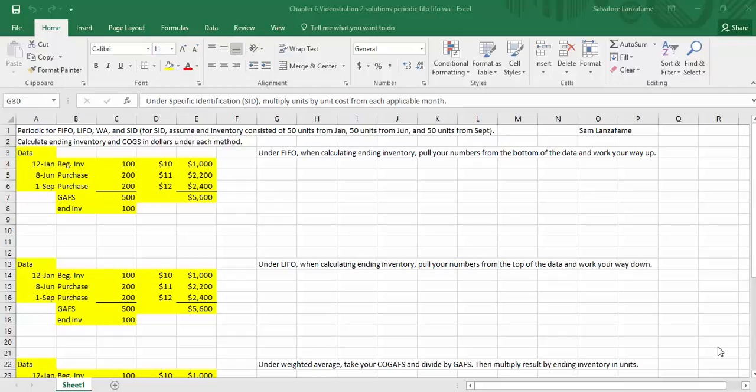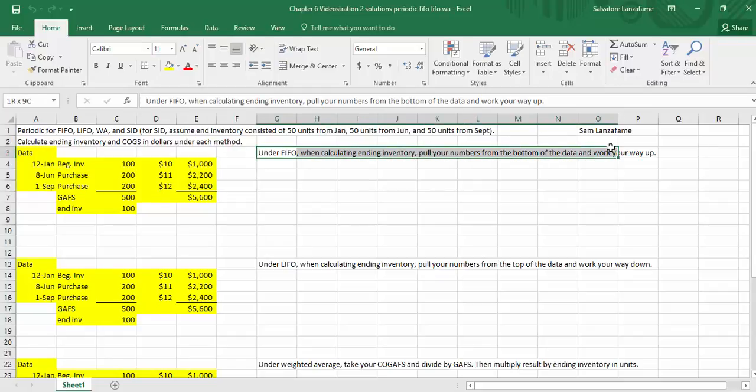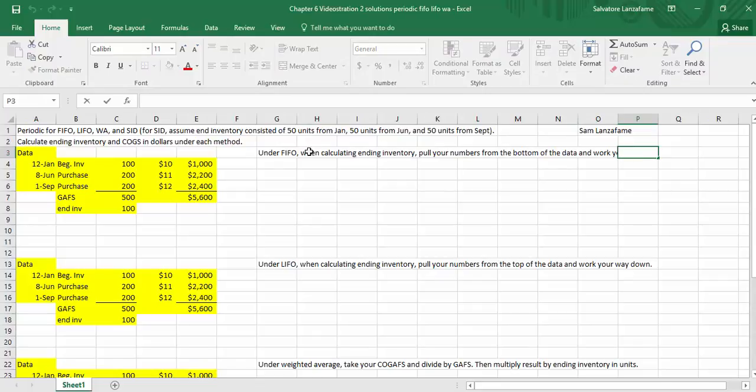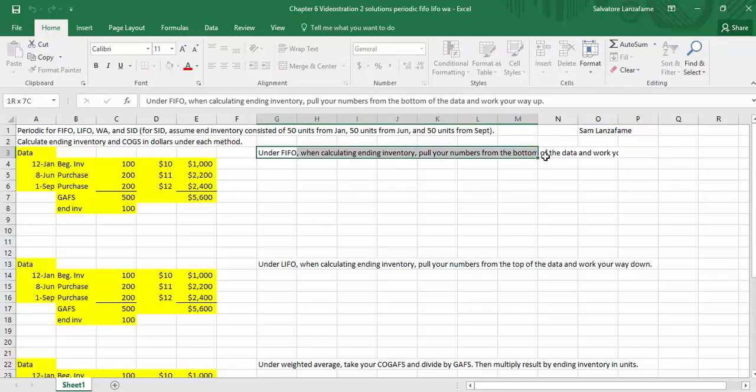So our job is twofold. Number one, let's put a value on that ending inventory first. Secondly, let's calculate the cost of goods sold. Okay? So if you notice over here to the right, I have under FIFO, when calculating ending inventory, pull your numbers from the bottom of the data and work your way up.